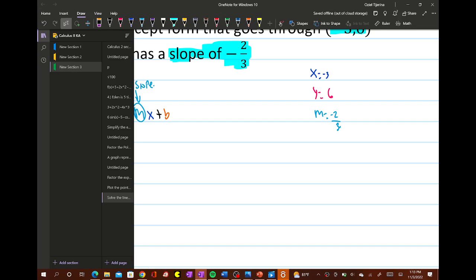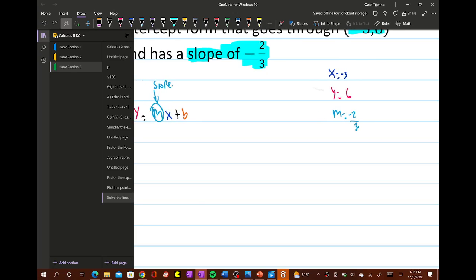Now we have x and y. What about b? The reason I'm naming x and y is to find my y-intercept.